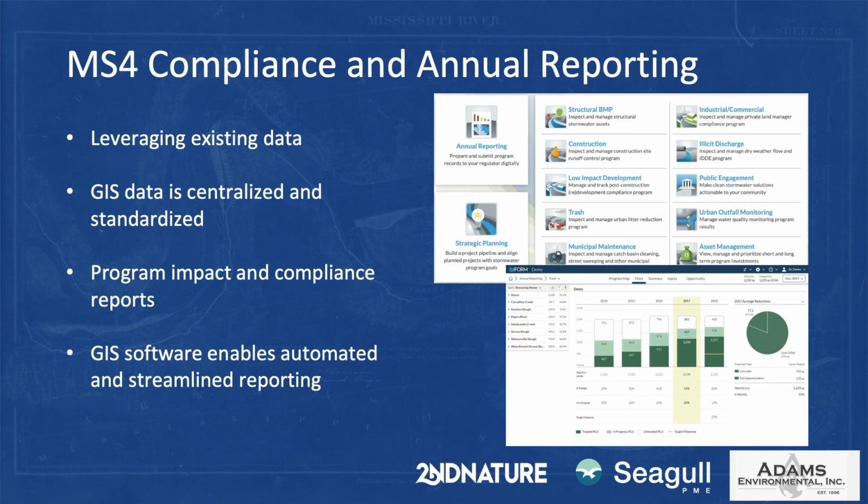Besides the field data collection and hydrologic modeling components, their new system also allowed them to generate their annual report automatically with the click of a button. This saved their team countless hours that they spent compiling PDF documents. The system also provided tools for them to help manage and report on all minimum control measures in their stormwater permit.